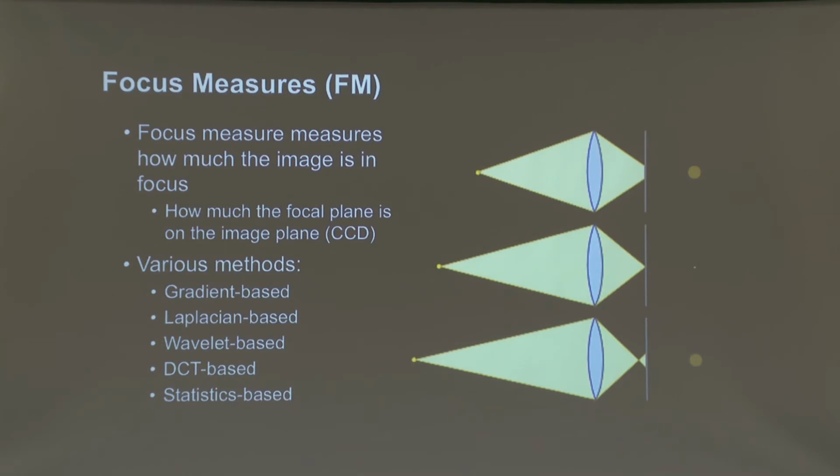So there are various types of focus measures out there. Most of them are gradient-based, but some are statistics and wavelet or frequency domain-based. But our approach is in the gradient space. So actually calculating the gradient, but calculating it in such a way that is suitable for the algorithm that we're going to use.